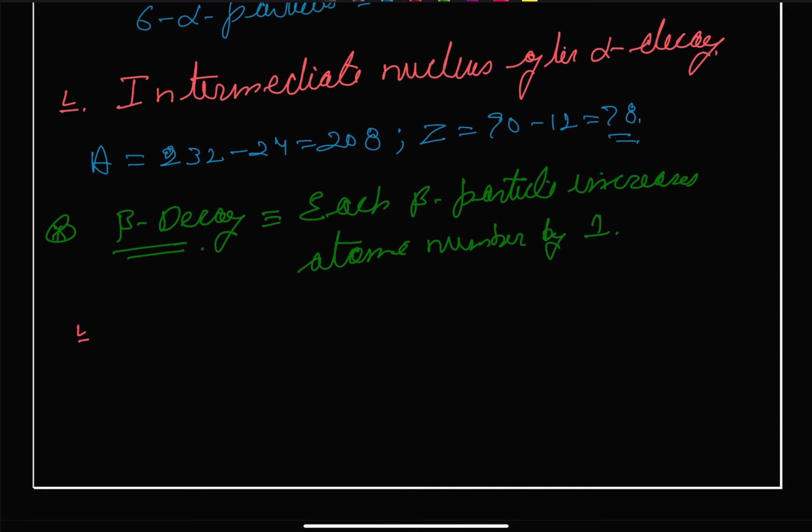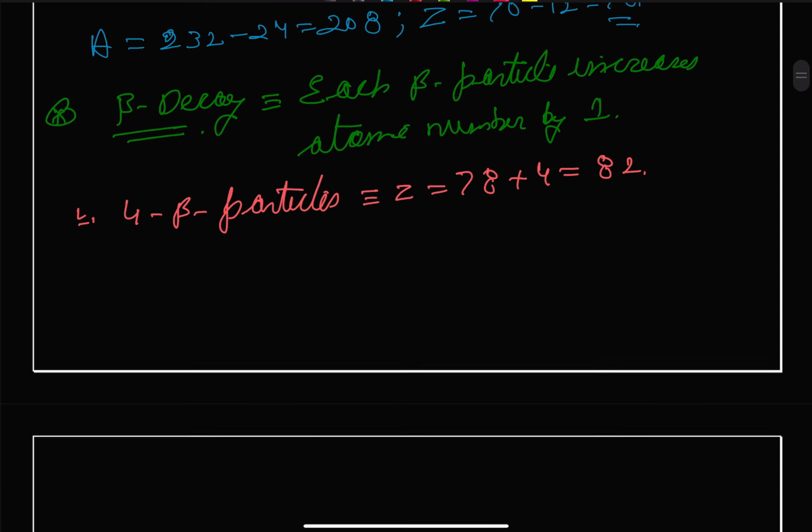So we can say our 4 beta particles, the value of Z will be coming to us as 78 plus 4, that is 82.